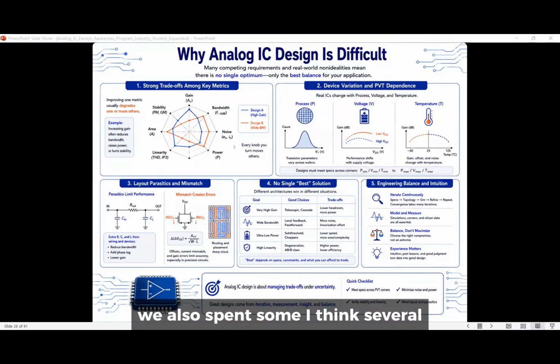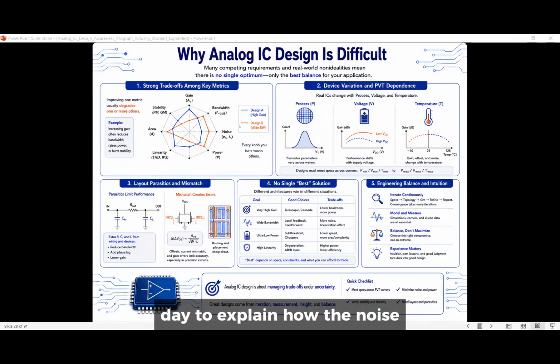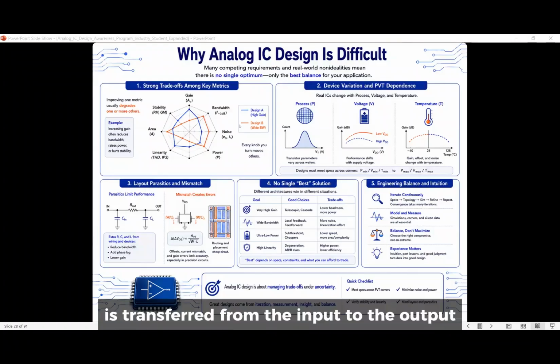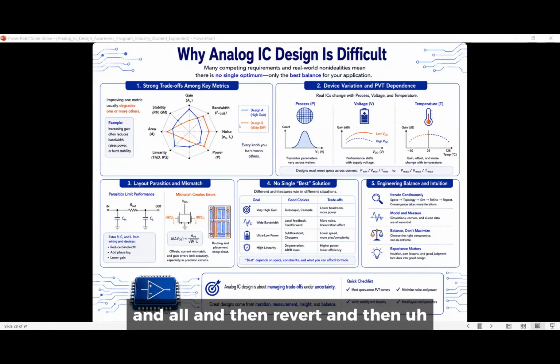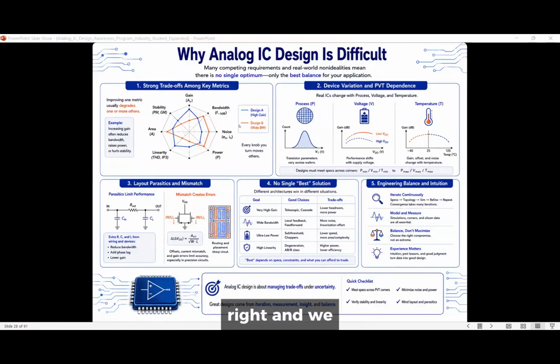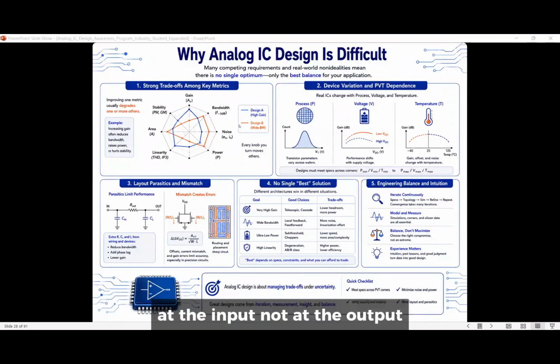We also spend, I think, several days to explain how the noise is transferred from the input to the output, and then reverted and normalized to the input, right? And we will understand why the noise must be evaluated at the input, not at the output.